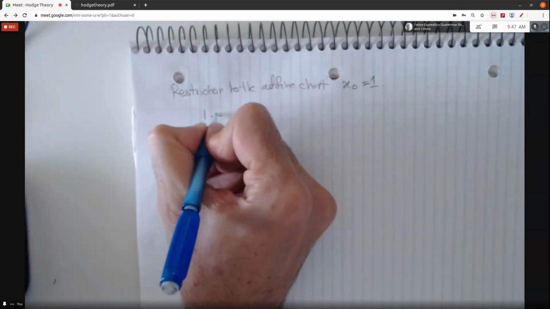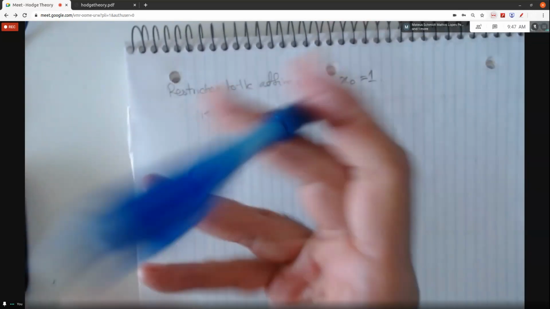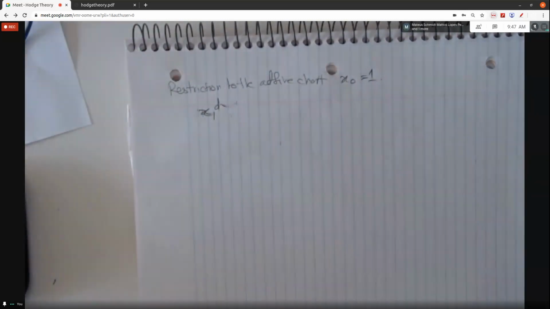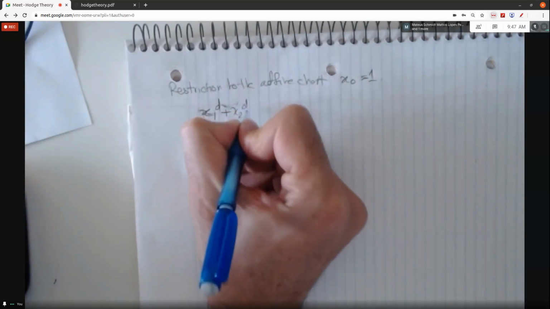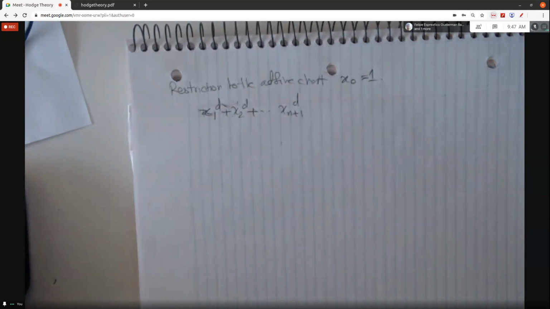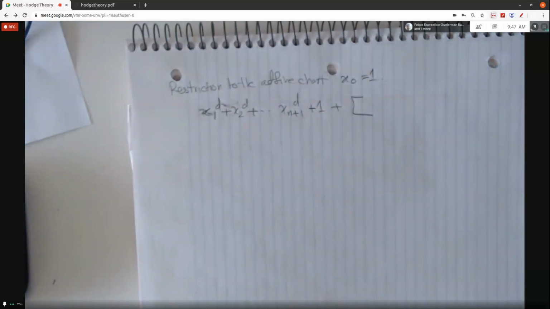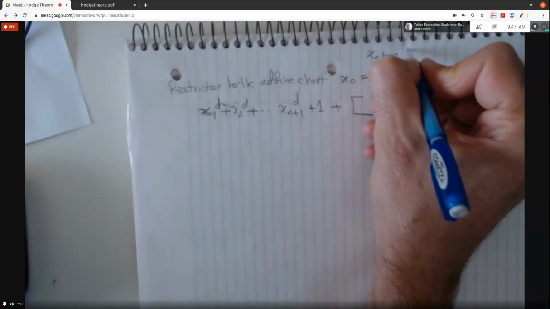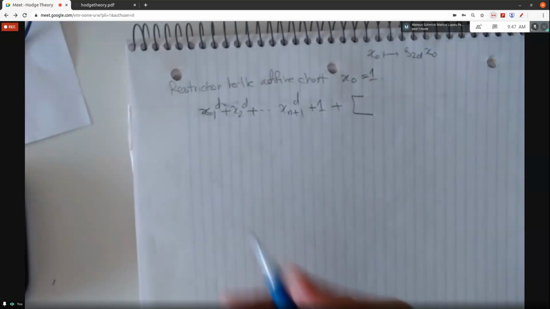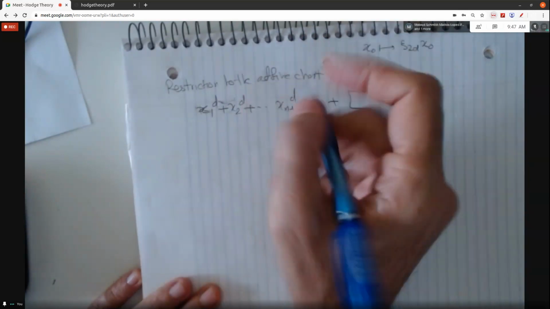So it will be 1 plus x0 x1^d, maybe the one that I have written already in the book. So by this transformation, x0 going to zeta_2d x0, we can transform this 1 into minus 1.